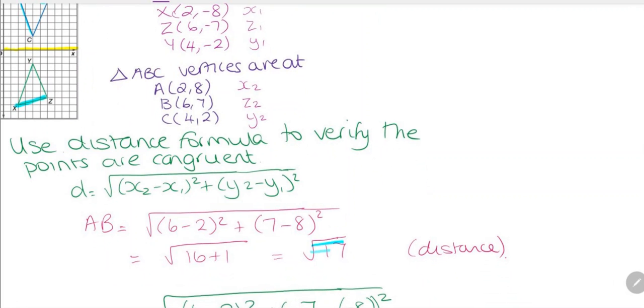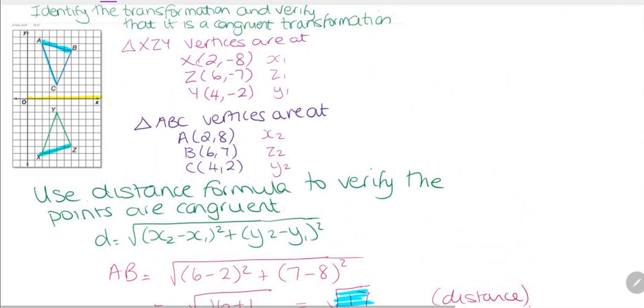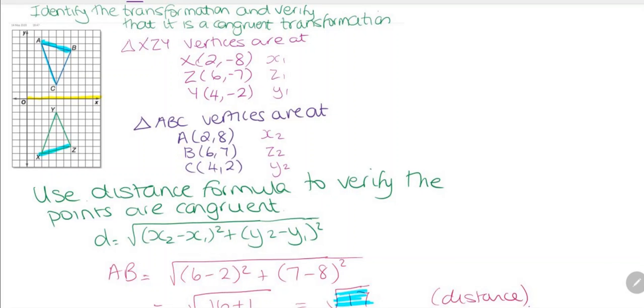So at the moment, these two are the same. So now we need to go to the next side. Another side that we have, so we can see that BC and ZY, we'll compare those.